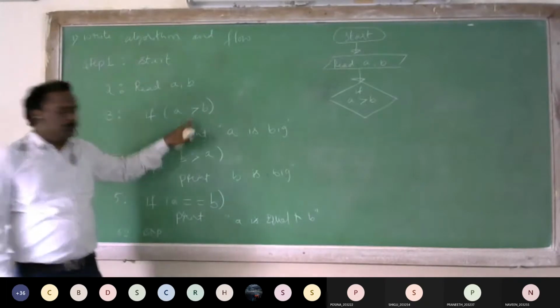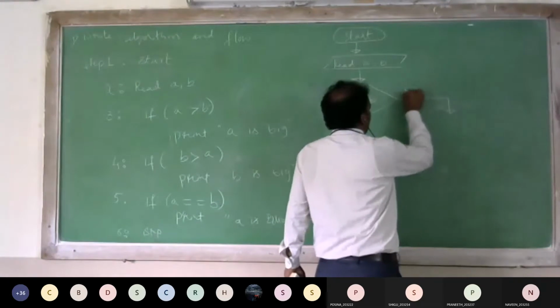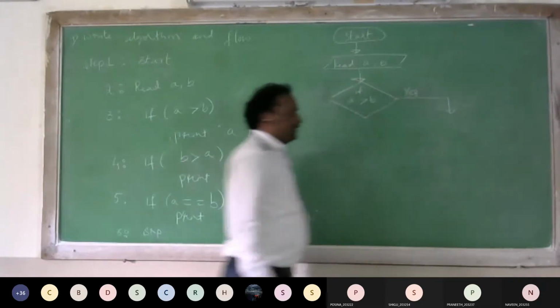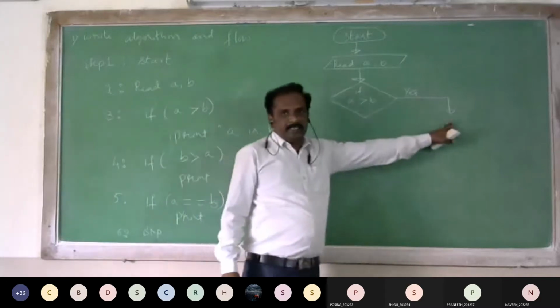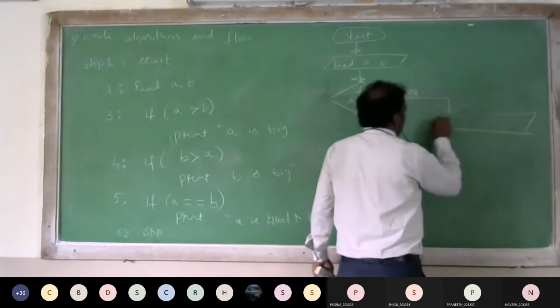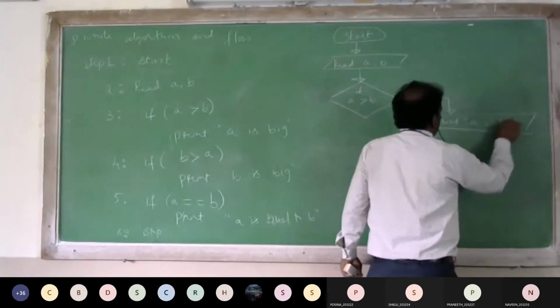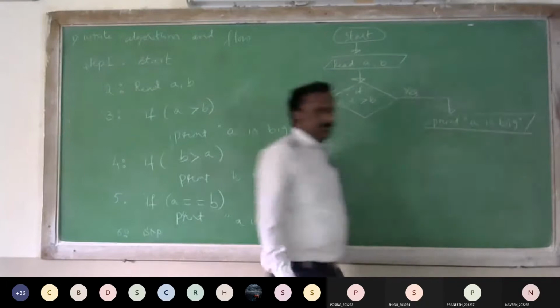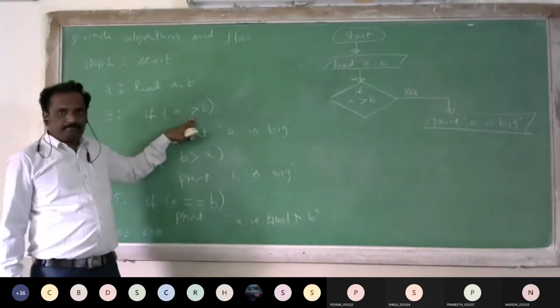So if it is true, then we come here. We write yes. If it is yes or true, then we go this side. Then what will we print? We will print A is bigger.